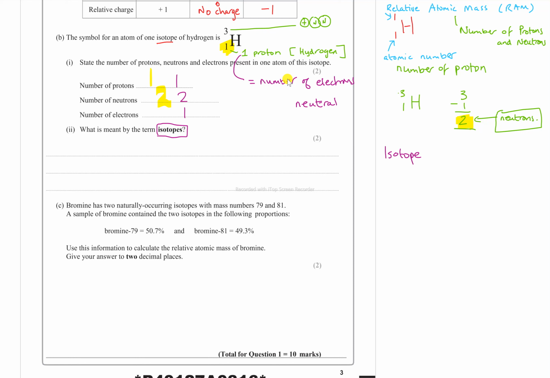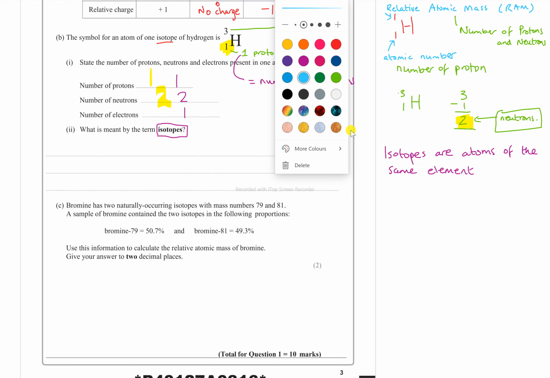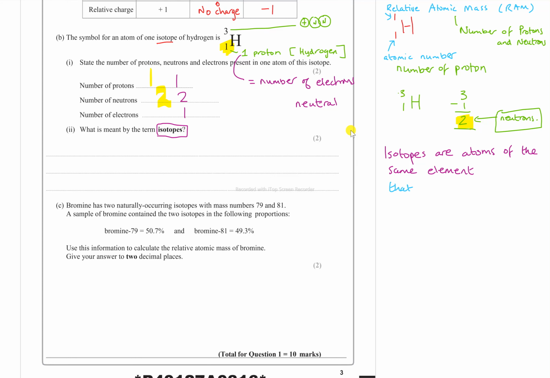Isotopes are atoms of the same element that have the same number of protons but different number of neutrons.